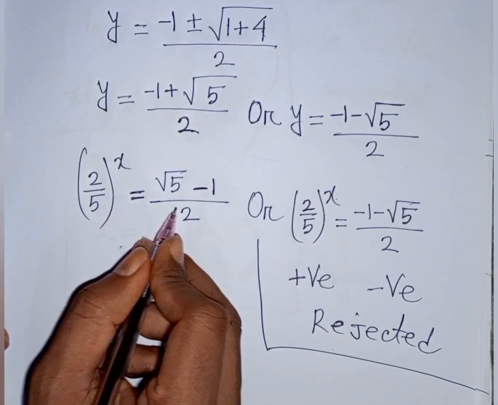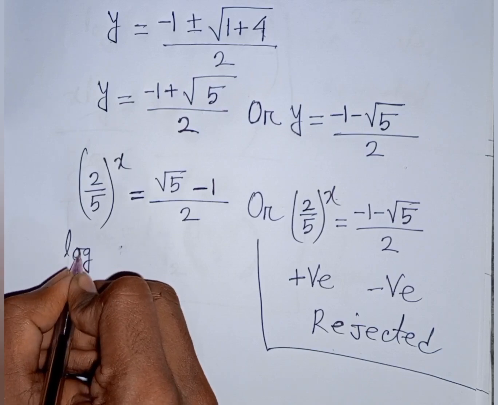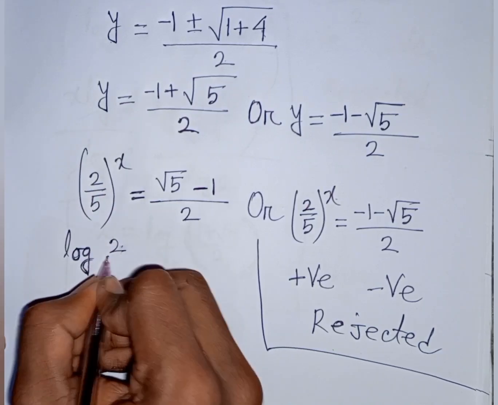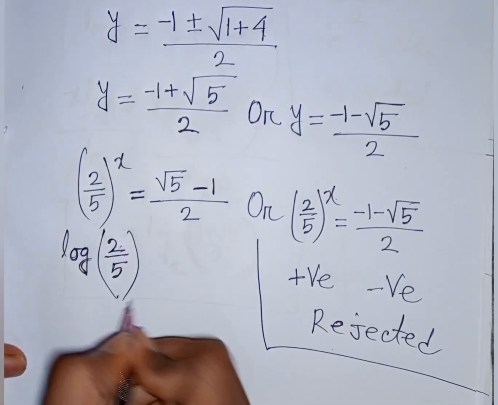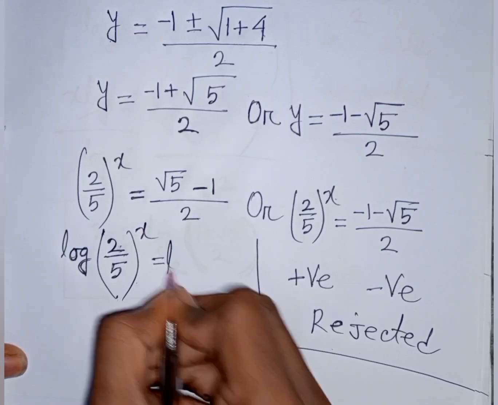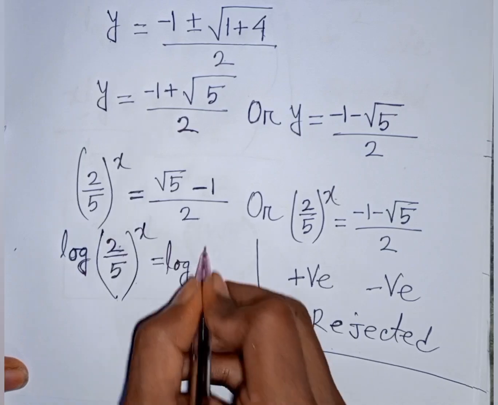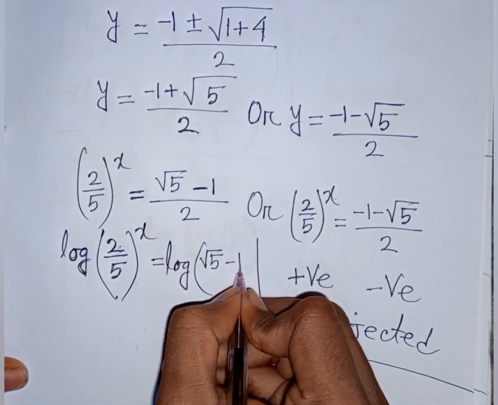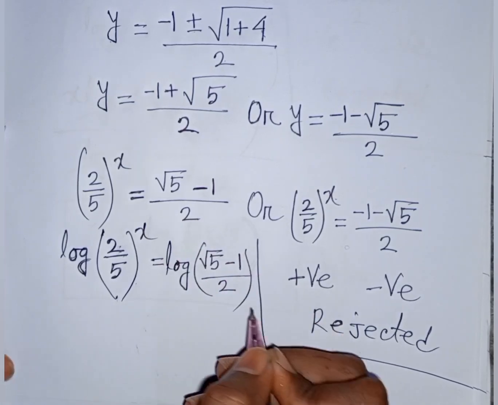Now we take log on both sides. You can write here log of 2 by 5 bracket power x is equal to log of square root of 5 minus 1 divided by 2.